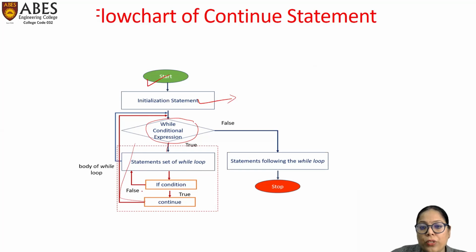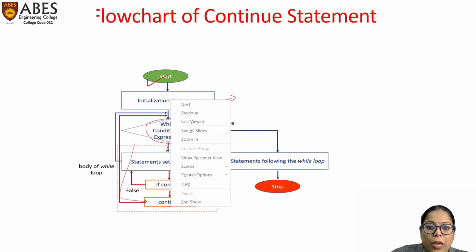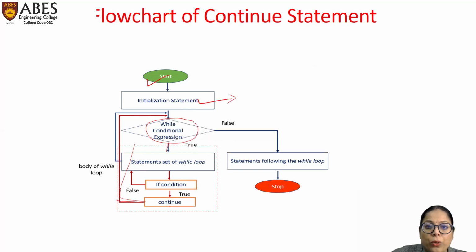But if the condition is false, then once it finds the continue, it again goes to the starting of this. Continue means it again jumps and it goes to the starting.